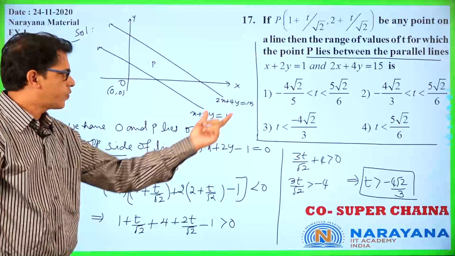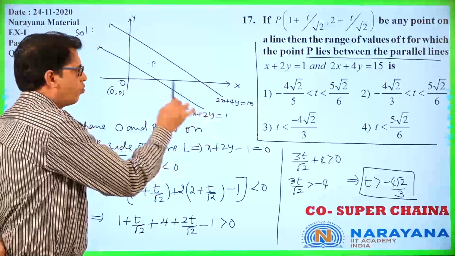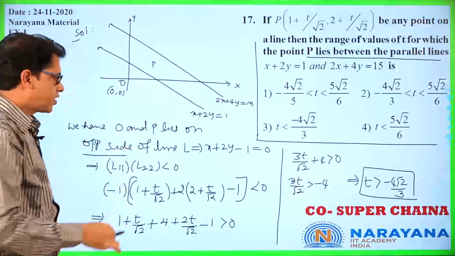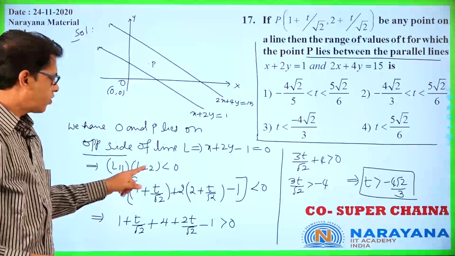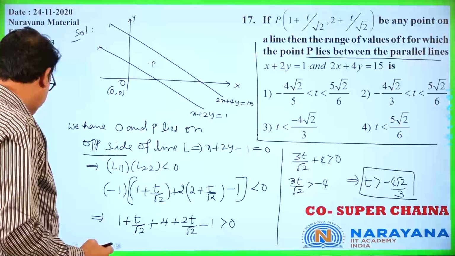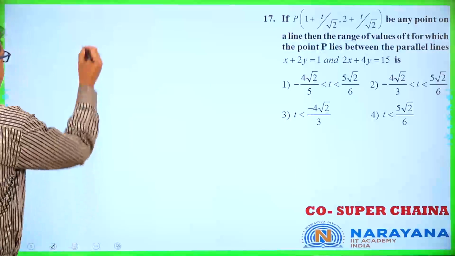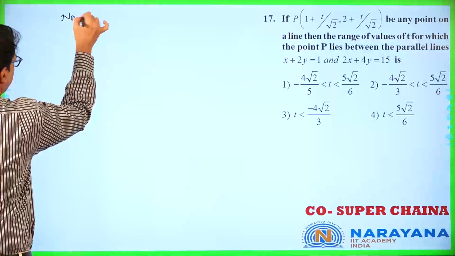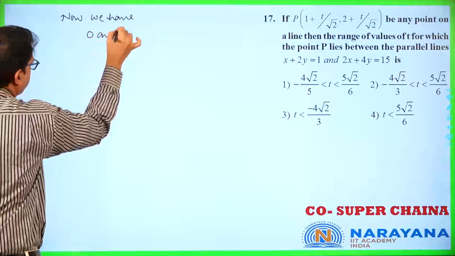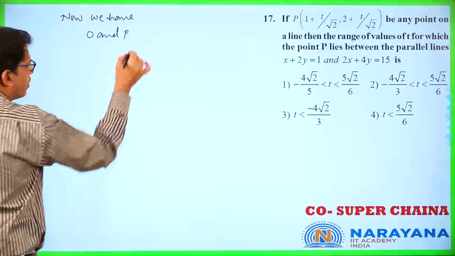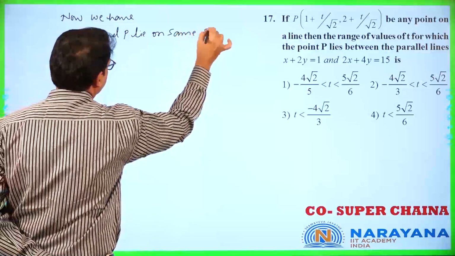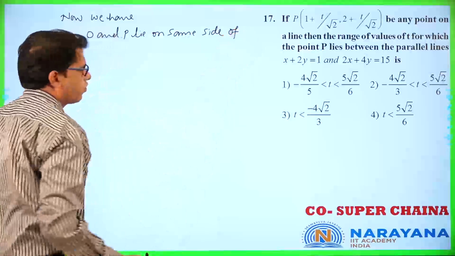Now take this line, 2x plus 4y equals 15. If you take 2x plus 4y equal to 15, both the points lie on the same side. Means here the condition is what? L11 into L22 must be greater than 0. Now so we have O and P lie on the same side of which line?